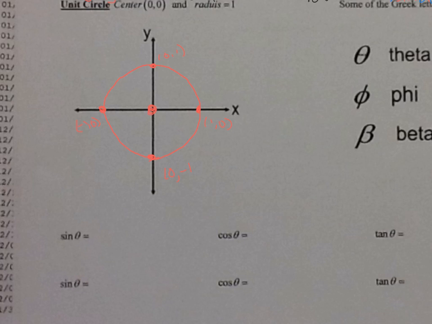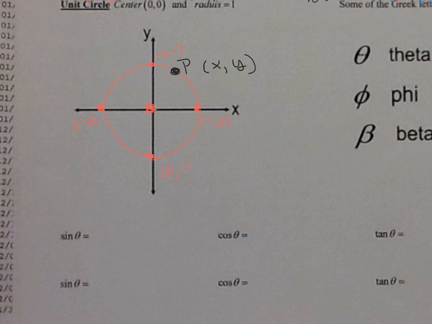All right, so now let's say I have this point here on the unit circle. I'm going to call this point P. And what I know about this point is that it's some xy value.